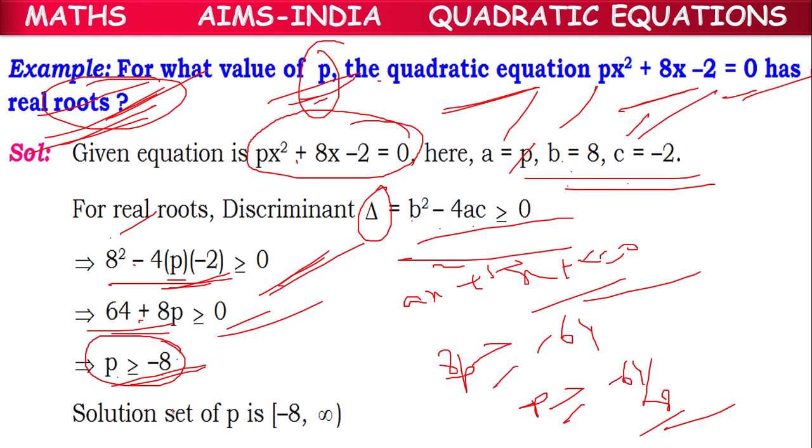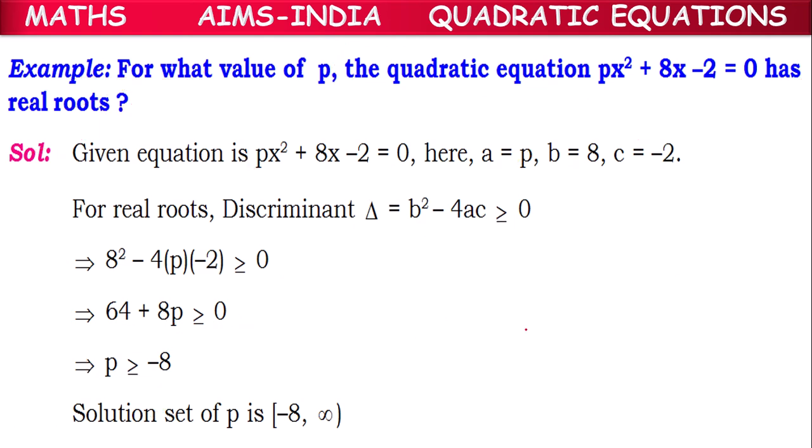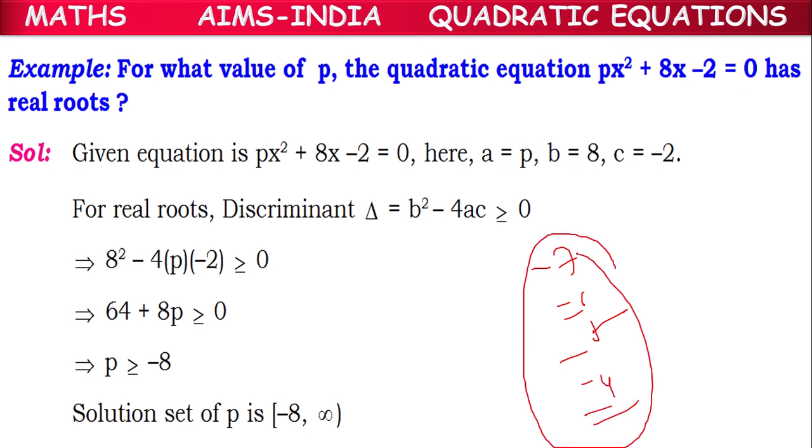So the solution set is greater than minus 8, which means minus 7, minus 6, minus 5, minus 4. All these values are greater than minus 8.